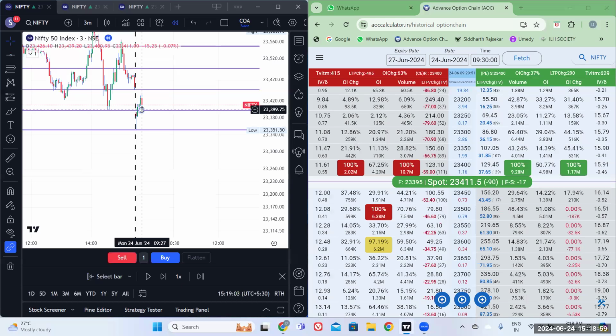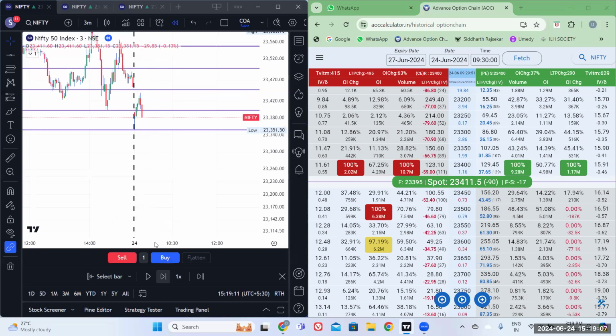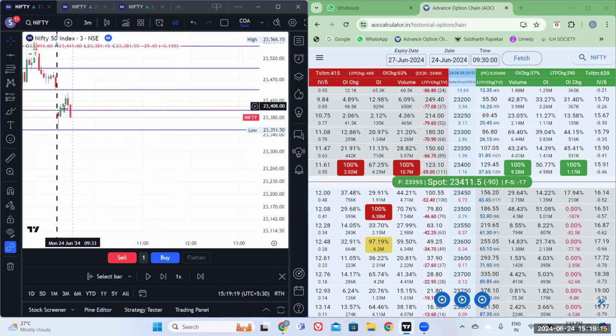It came to 9:27, and next candle will be 9:30. This is the exact level at which the PE could have been bought, but I don't trade by 9:30, so as per the rule, this trade is not there.